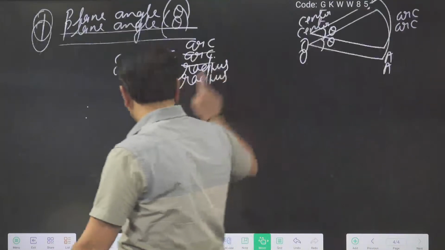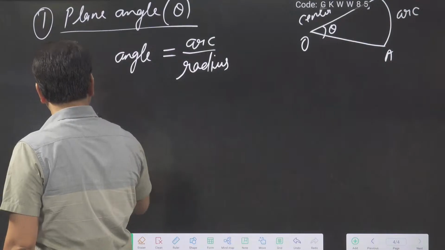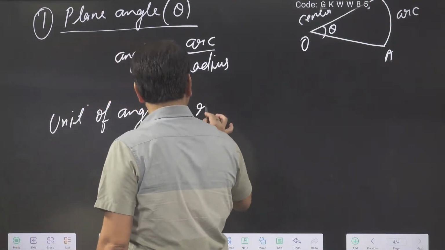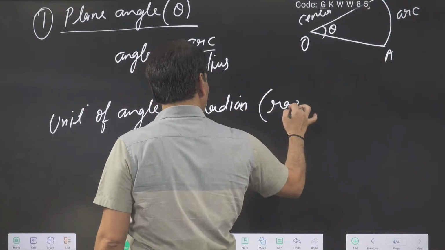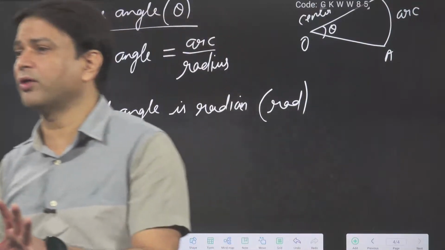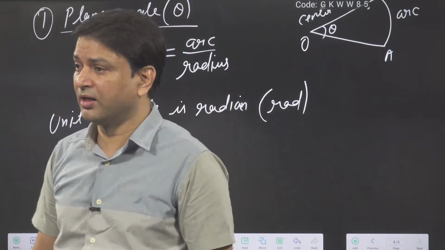Okay, what is the unit of the angle? In detail I discussed in the basic mathematics. The default unit of the angle is radian.